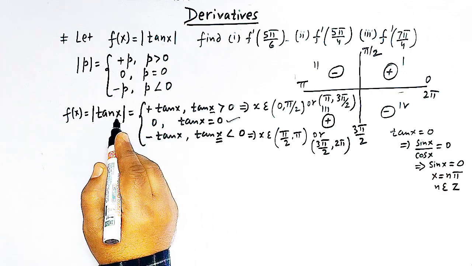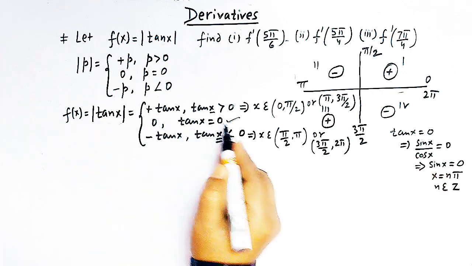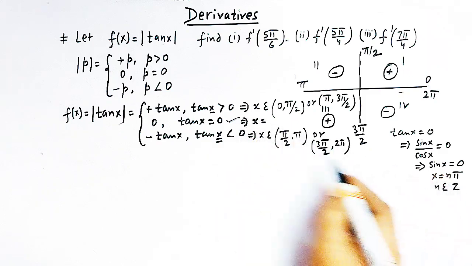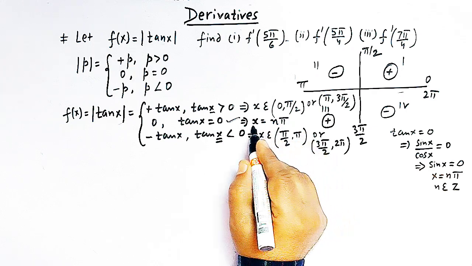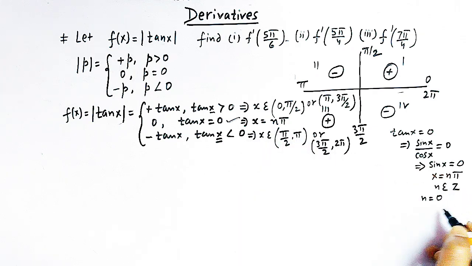So mod of tan x is equal to 0 when tan x is equal to 0, which implies that x should be an integral multiple of pi, that is x is equal to n pi. When n is equal to 0, the value of x is 0. Similarly, when n is 1, then x is equal to pi, and so on.